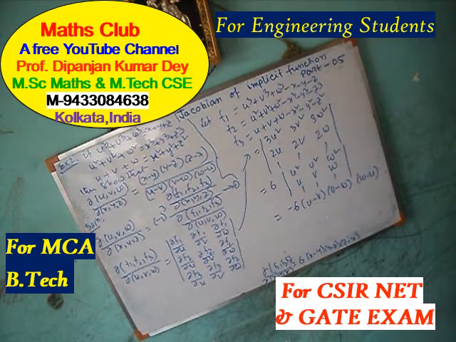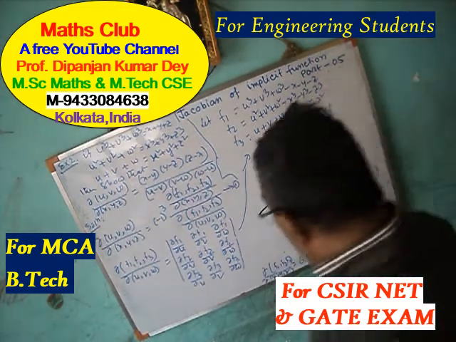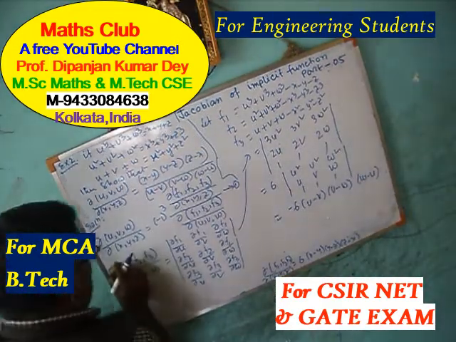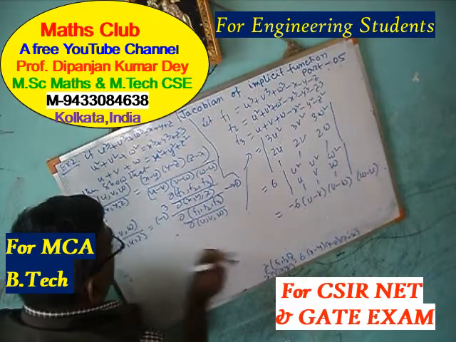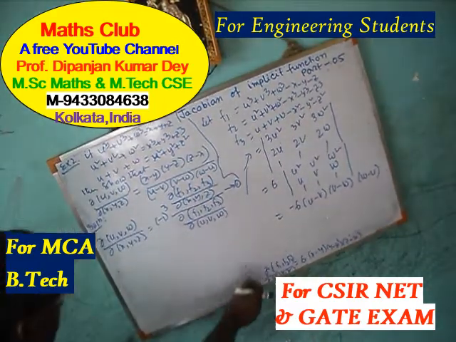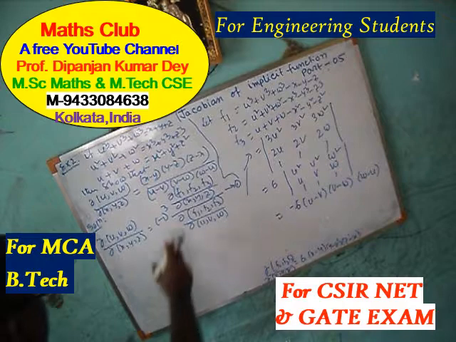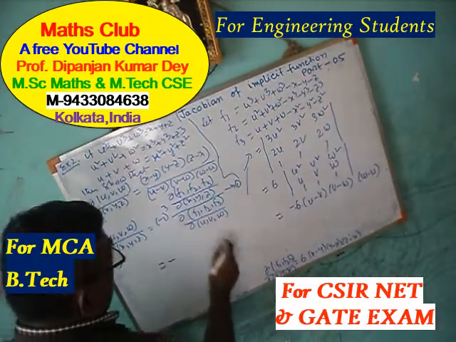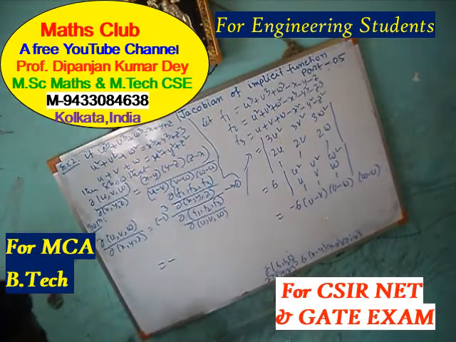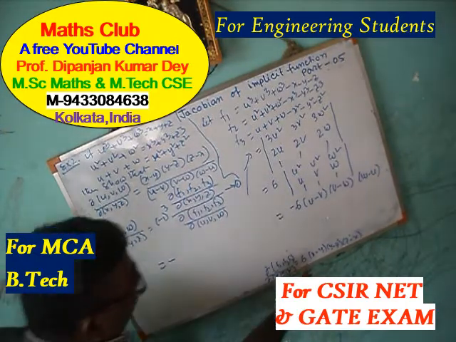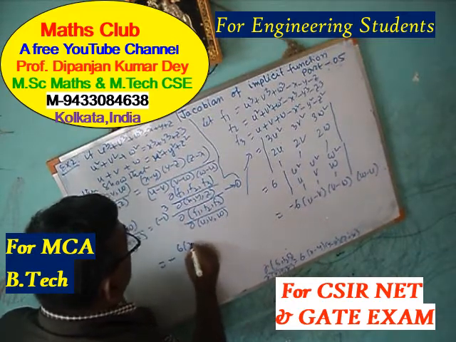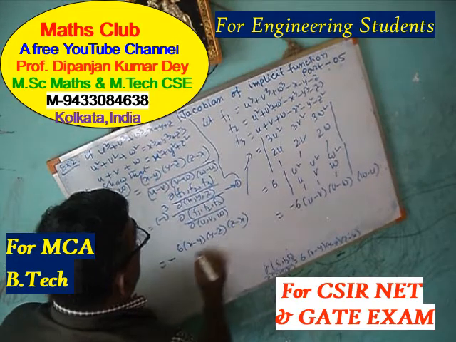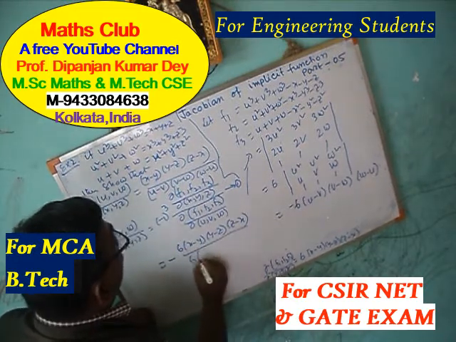So, therefore, equation 1 becomes, just I am putting the value of this, minus, this value is the numerator part value, that is 6 into x minus y into y minus z into z minus x. Now the denominator part is 6 into u minus v.